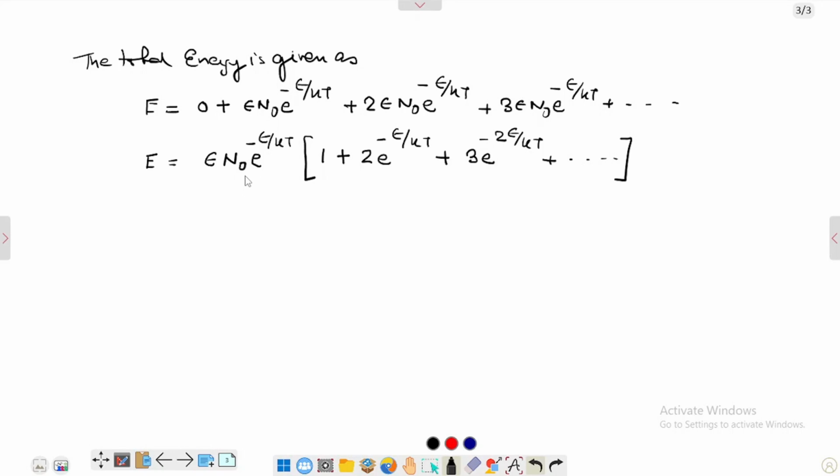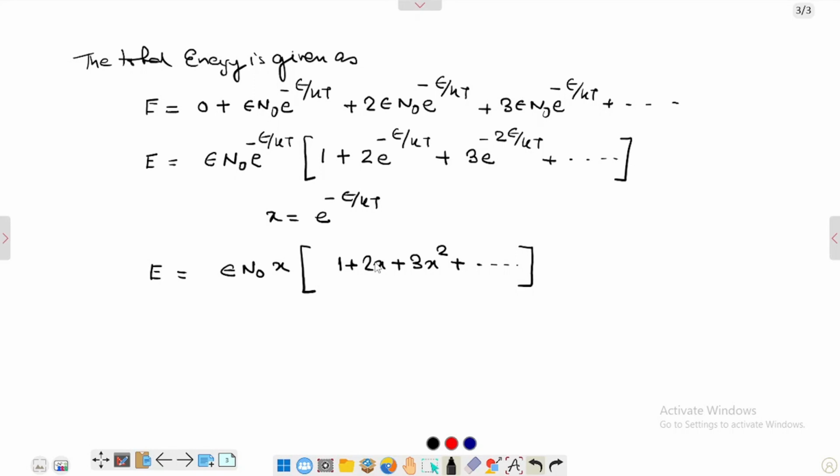Similarly, in this series also, if I take the same parameter x equal to e to the power minus epsilon by kT, I get this equation equal to epsilon N0 x, in bracket 1 plus 2x plus 3x square, and it goes on.